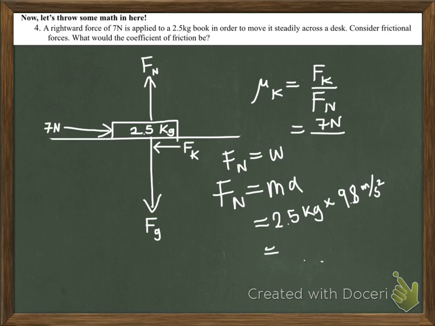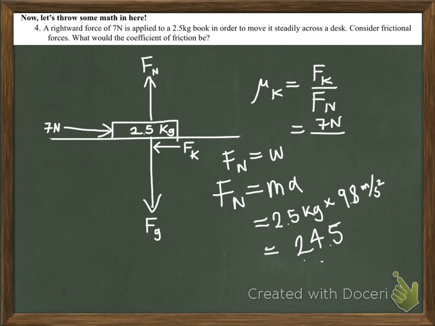When I multiply this, 2.5 times 9.8 equals 24.5.